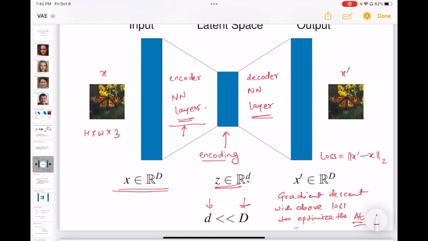We are not able to sample a random value of Z in this small d-dimensional space such that each of those Z's map to a real input. So if you randomly start getting values of Z from a small d-dimensional space, a lot of these values will not map to real images.